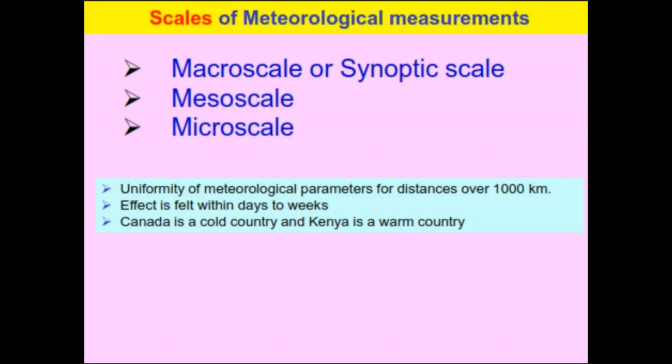It means, for example, if rain starts at one place, it takes about a week to reach another. One example is that Canada is a cold country but Kenya is a warm country, because of the difference in that area. So when the uniformity of a meteorological parameter takes more time to cover, that is macro scale.